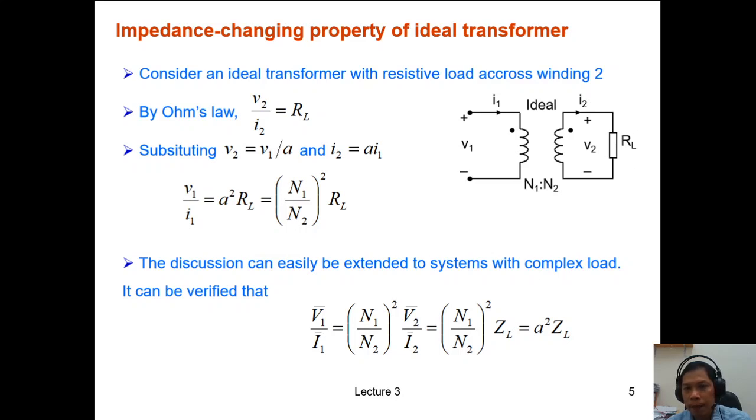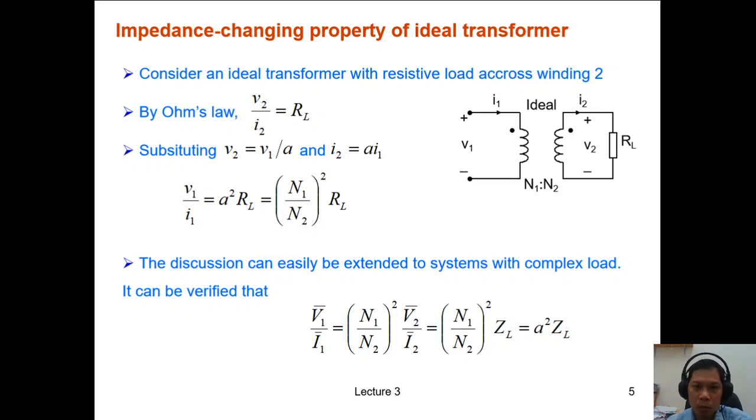On coil 1 we are supplying a current I1, and the turns are N1 on coil 1 and N2 on coil 2. By Ohm's law, for this load we can easily write V2 divided by I2 equals RL.